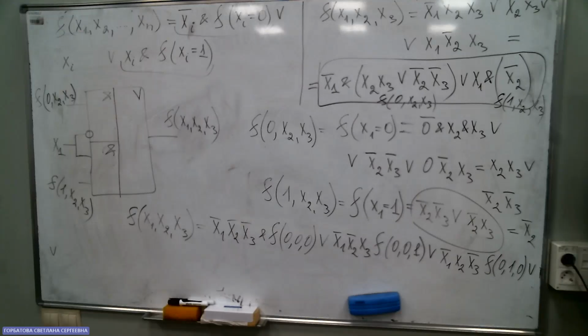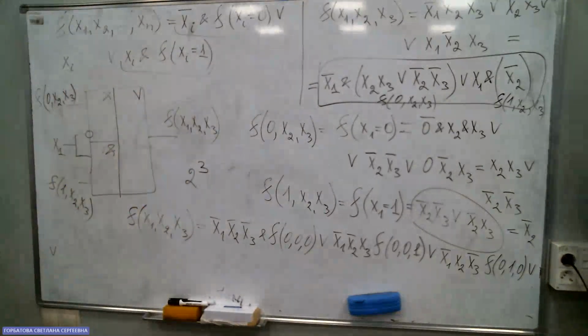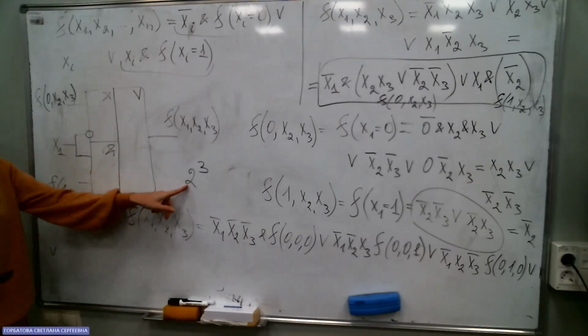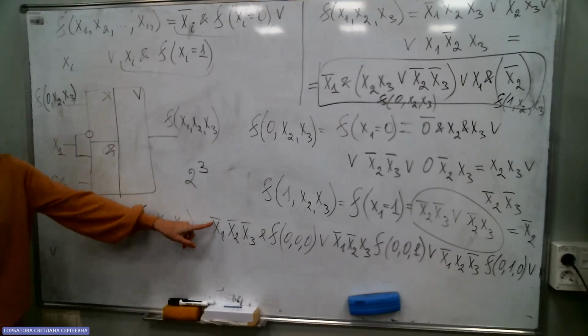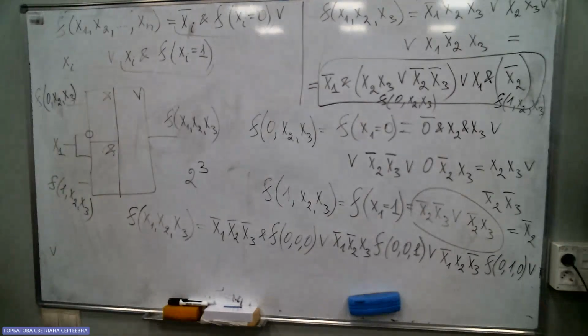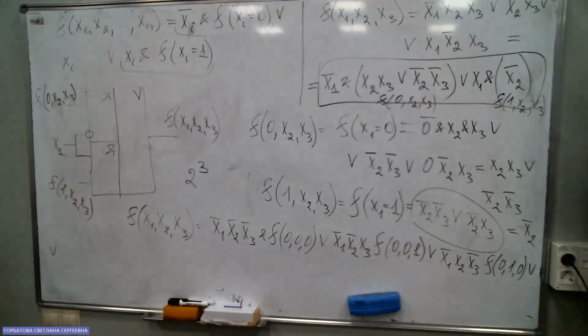How did we count it? 2 to the power of 3, where 3 is the number of variables, and 2 means every variable can be with negation or without negation. 2 to the power of 4 is 16. If we have 4 variables, then 16 combinations.